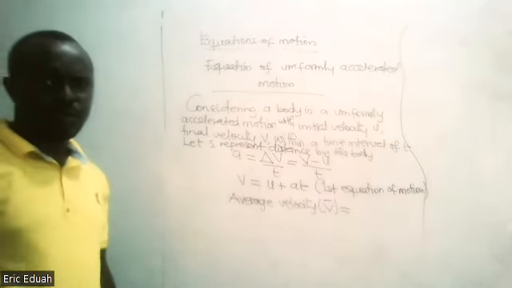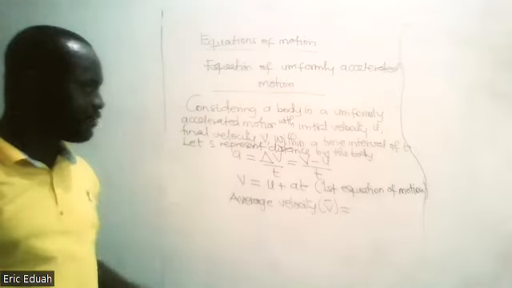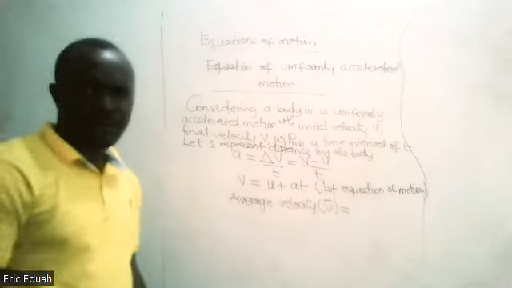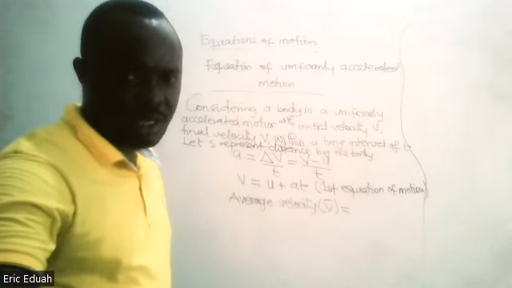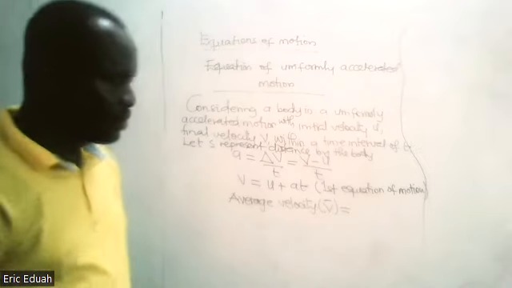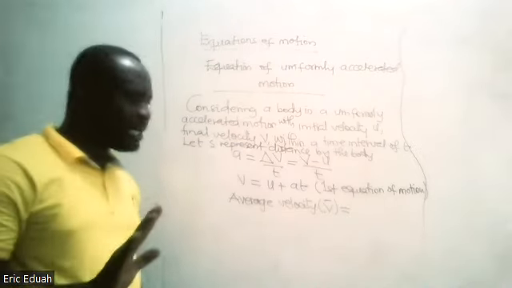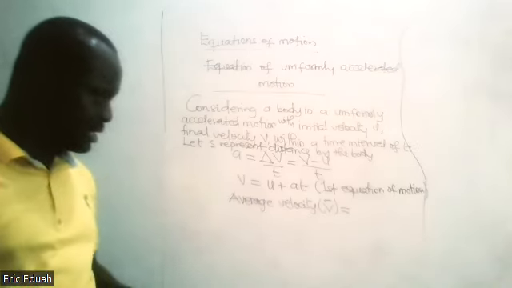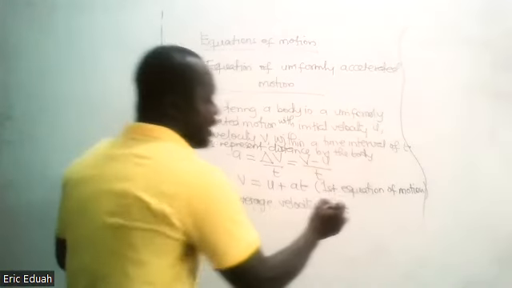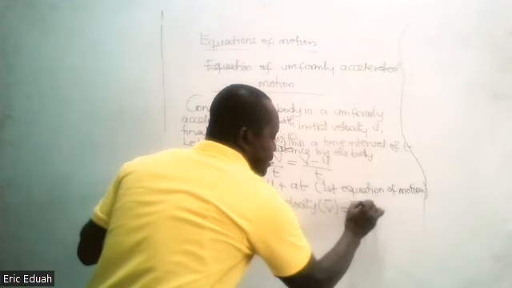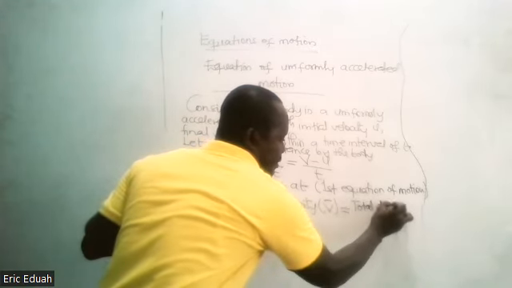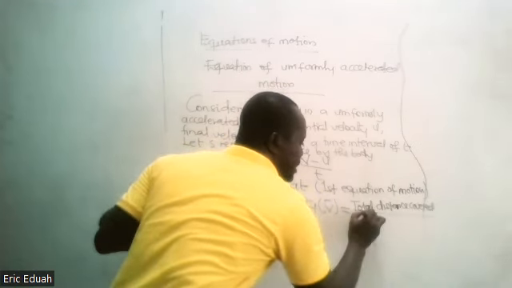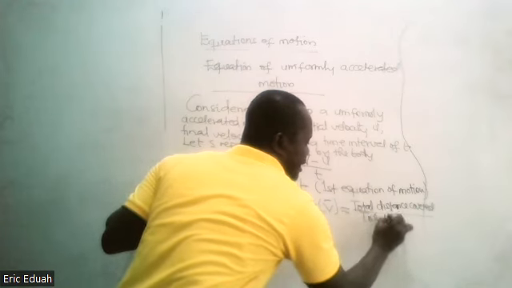How do we determine the average velocity? The total distance over total time. Good. So we can determine average velocity in two different ways. The first one is the total distance covered divided by total time taken.